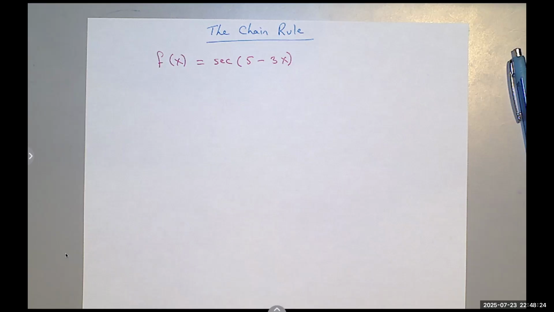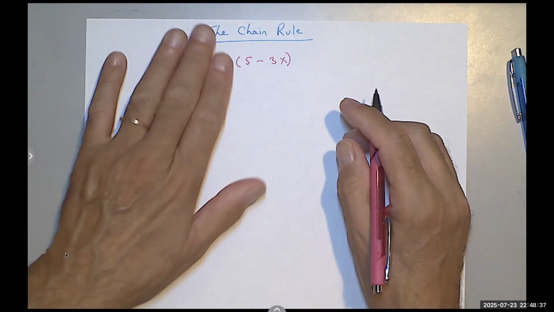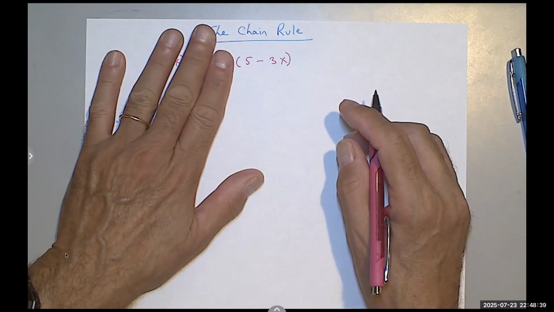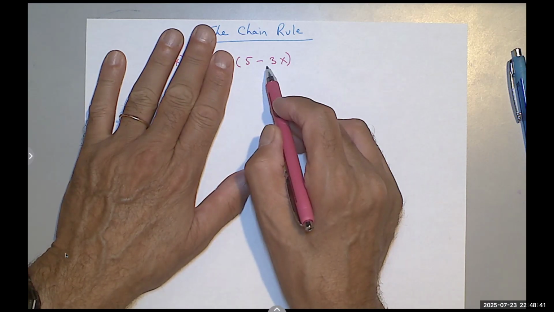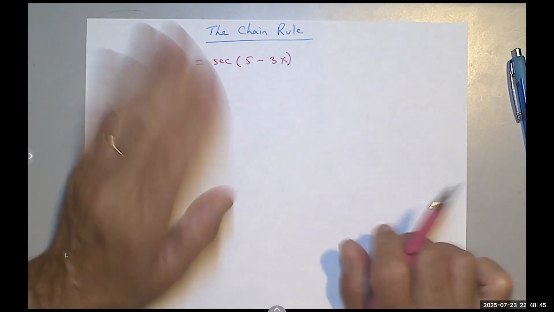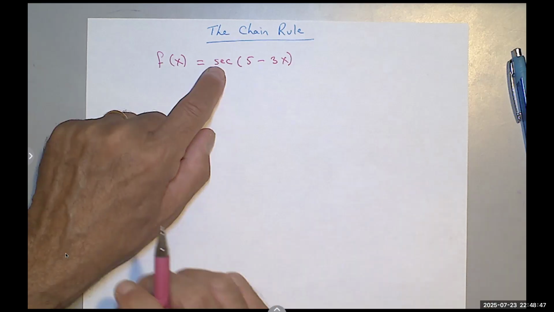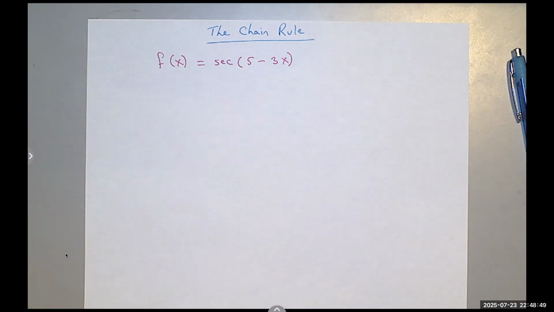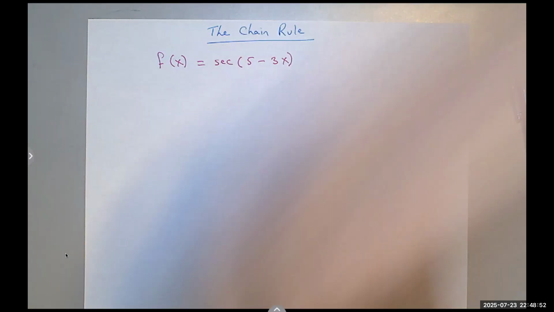So you ask yourself, how many functions are embedded here? I have a secant function. That's the first thing you encounter, right? And then when you take the derivative of the secant, you go inside the parentheses that belong to the secant. So in the beginning, when you take the derivative of the secant, you assume that everything else is just x.